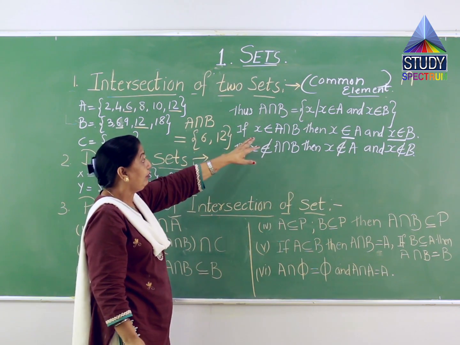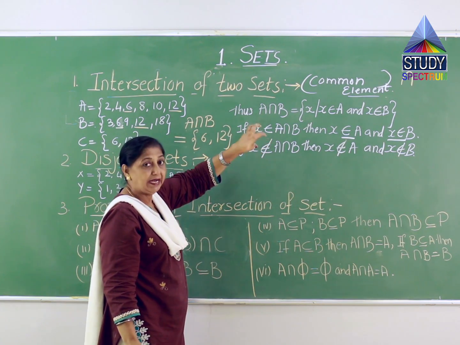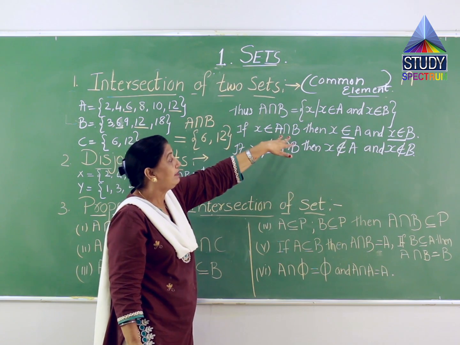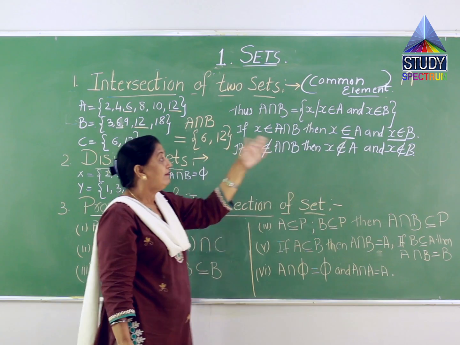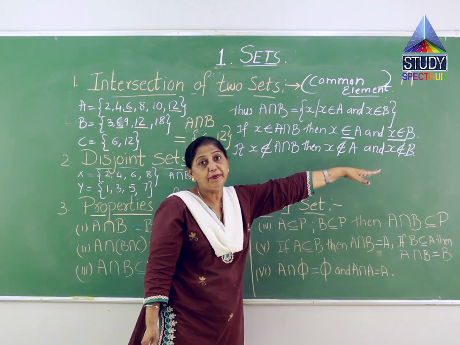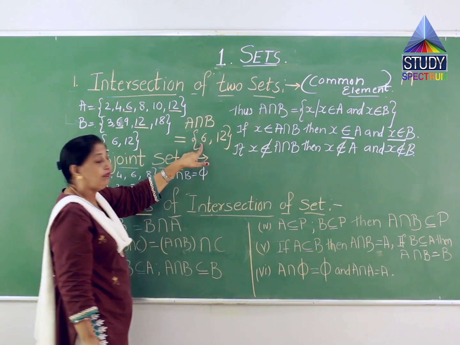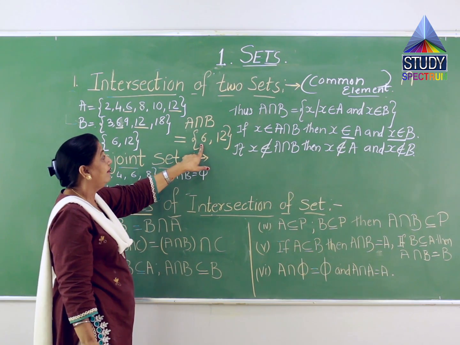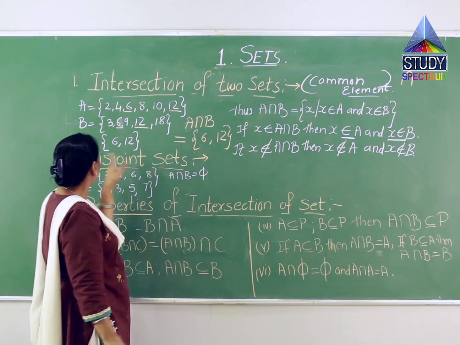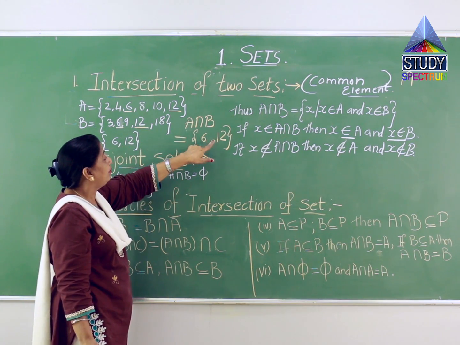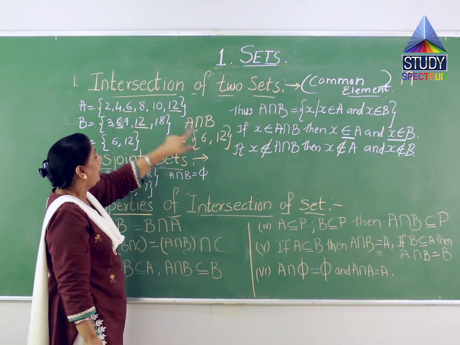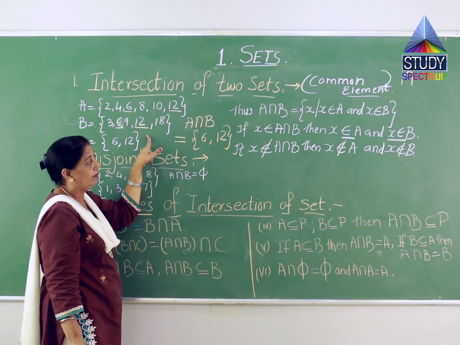Once again I'll explain: if x, an element, belongs to the intersection of two sets, then it will belong to both the sets, set A as well as set B, right? Here with this example it is clear that 6 and 12 belong to the intersection set, so these elements also belong to A and also belong to B.